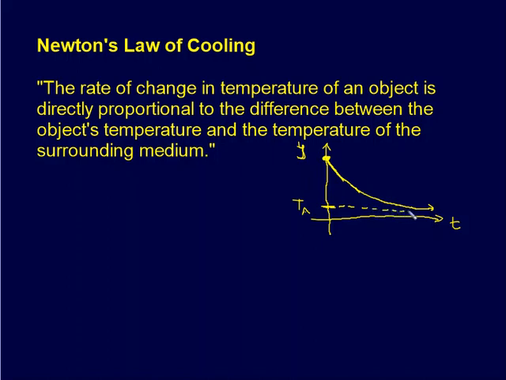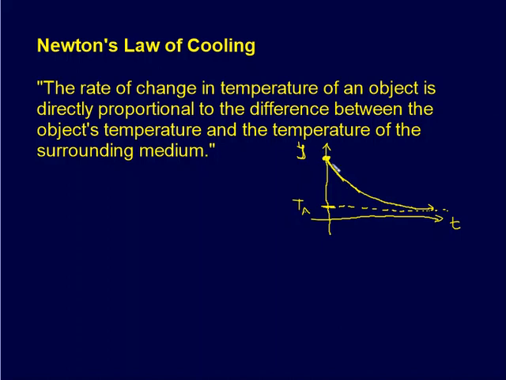And so as the object cools, we know that it can't go lower than the air temperature, right? So there's going to be a horizontal asymptote that is the same as the temperature of the air, or, if you've submersed it in water, whatever the water temperature is. So your graph's going to go like this.